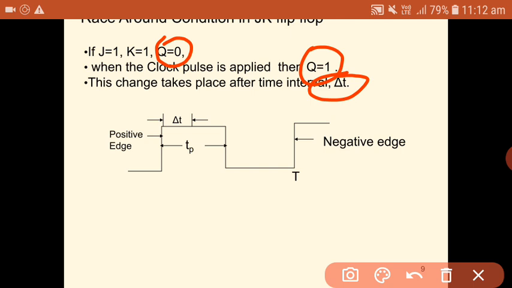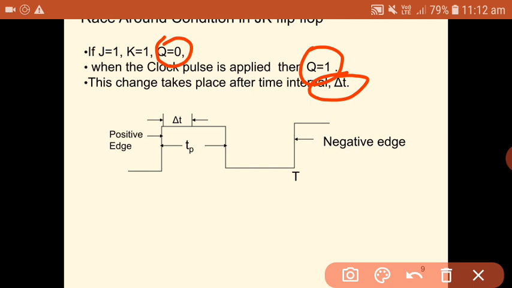Whatever changes are made in the input, if you want them reflected in the output, it will take some time, because all those input signals traveling from the input side to the output side have to pass through some gates which involve some propagation delay. So after delta t time, the output will change after the application of the inputs.